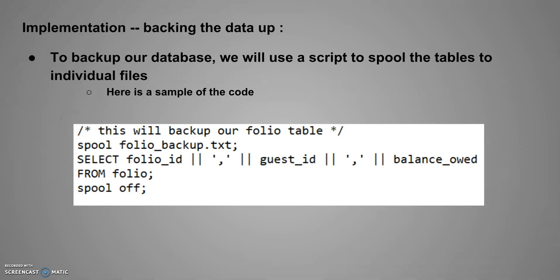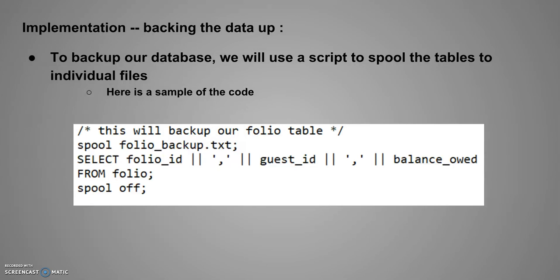In our implementation, we also prepared for disaster. We prepared a backup plan for this database in case we ever need to restore any of our tables from accidental deletion or something worse. Here you can see a sample of the code that we used to back up our database. Here we started a spool, particularly for the folio table. We created a file called foliobackup.txt, and you see it's a simple query that's using a substring to record every column in the folio table delineated by commas.